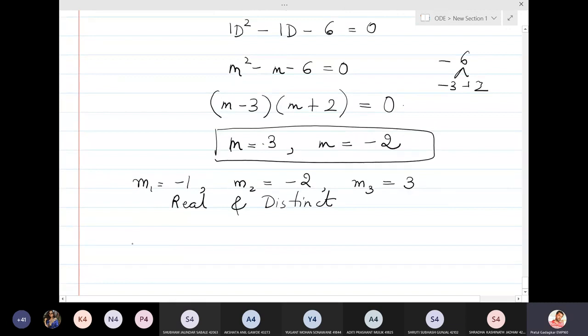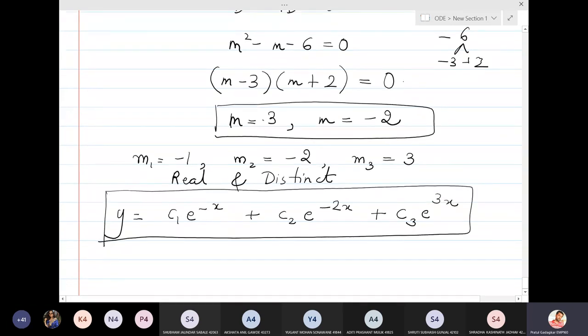So my general solution y will become c1 e raised to minus x plus c2 e raised to minus 2x plus c3 e raised to 3x. This becomes the general solution of the given differential equation.